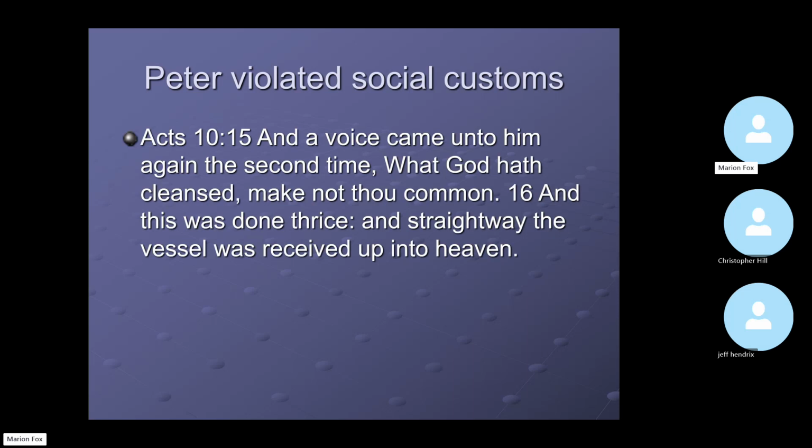Peter was given a vision, and all these animals were on this great sheet that was lowered to him. He was hungry, and he was told to rise, kill, and eat, and that was repeated 3 times. Each time he said, "Not so, Lord, I've never eaten anything that's common or unclean."